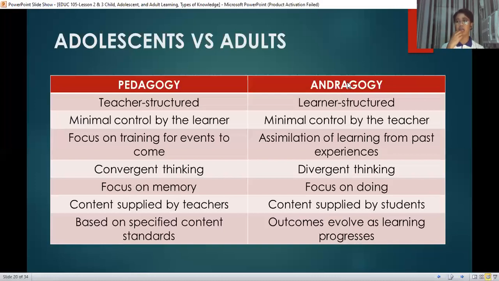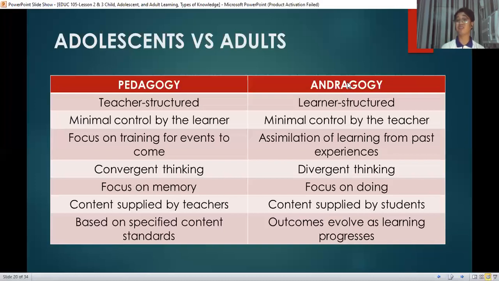Clear na kung ano yung kailangan i-expect, kailangan gawin. But for the andragogy, you cannot decide na ang outcome dito gagamitin. Kasi minsan madidiscover nila, o madidiscover ng mga mag-aaral mo, adult learners, na yung tinuturo mo pwede palang gamitin sa ibang aspeto. And you will be surprised.